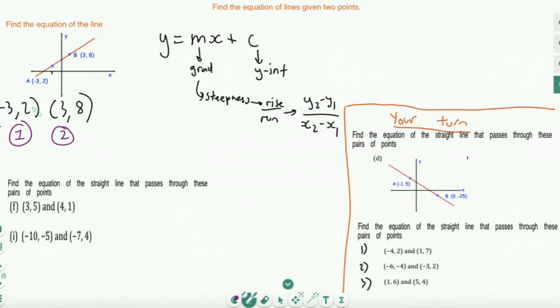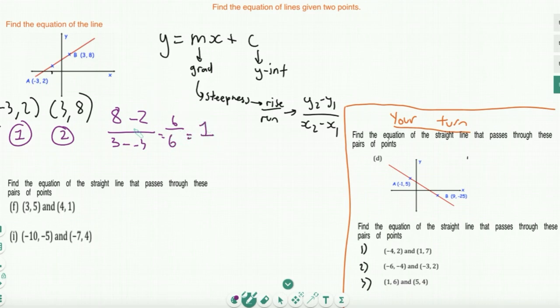So the second y coordinate is 8 minus y1, the first y coordinate, which is 2, over x2, the second x coordinate, so 3, minus x1, the first x coordinate, -3, so minus -3. 8 minus 2 is 6. 3 minus -3, a minus and a minus turns into a plus, so 3 plus 3 is 6. 6 divided by 6 is 1.